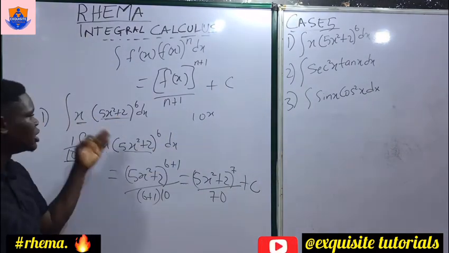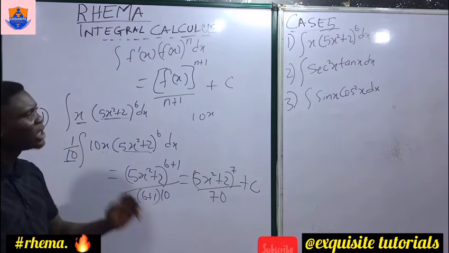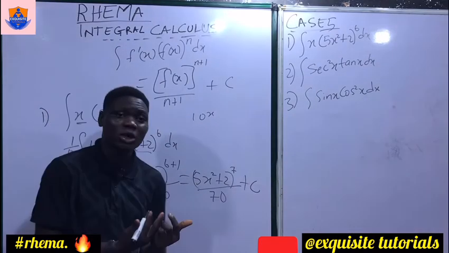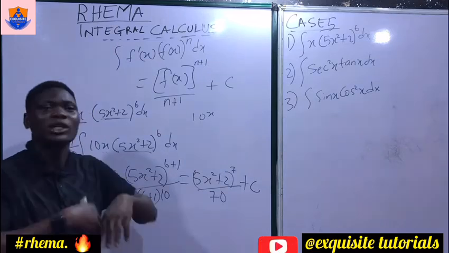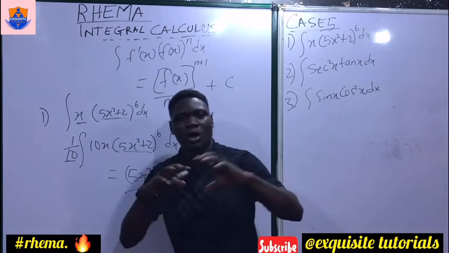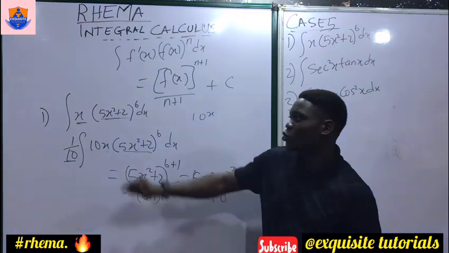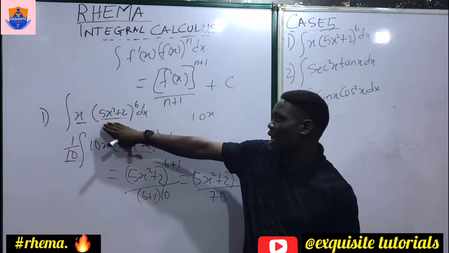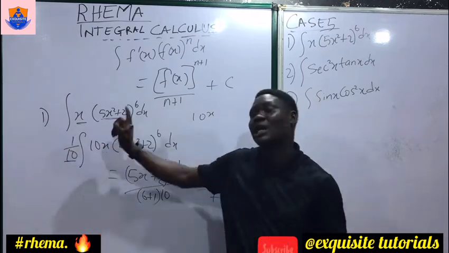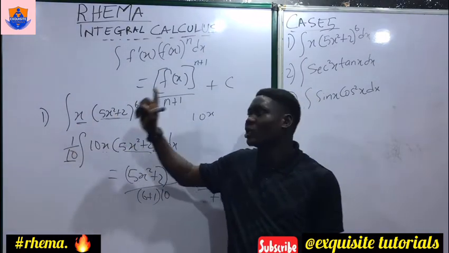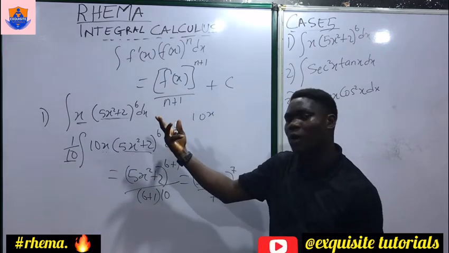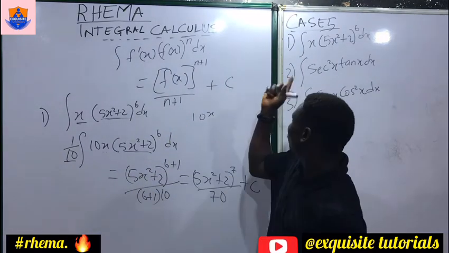If you cannot manipulate, just know that it could either lead you to integration by parts or integration by trigonometrical substitution, or it can lead you to something else, or it's not for your level or scheme. So basically, if it's not in this form, let's say you differentiate this and you can't get this, and it cannot be manipulated to get this, it will either lead you to integration by parts or another standard. So let's move to question 2.